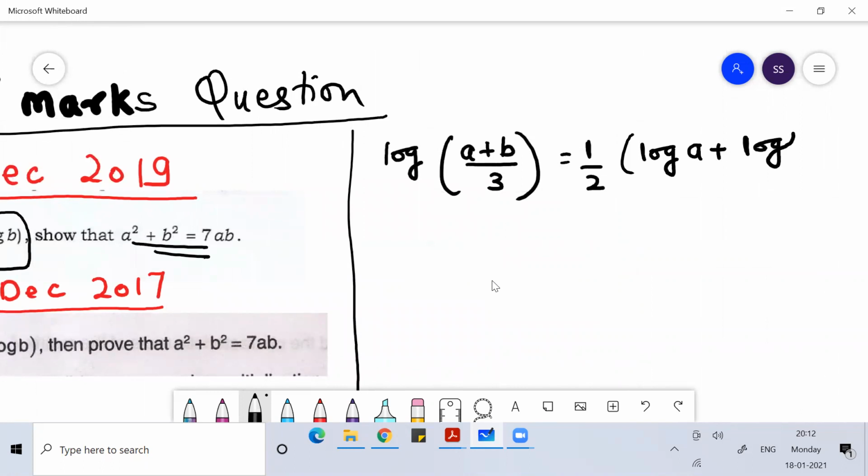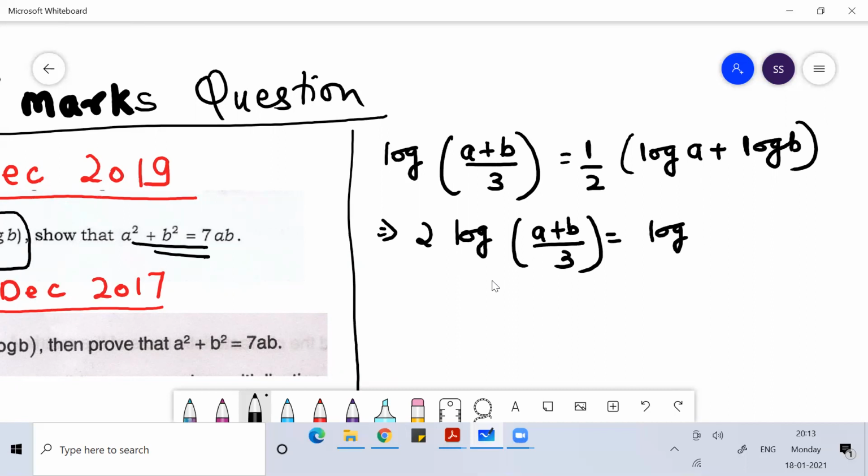Okay, so what I can do, you can see here 1 by 2 on the RHS. If I bring that to the left hand side, it becomes 2. So this will be 2 into log of (a plus b) by 3, and that is equal to log a plus log b.